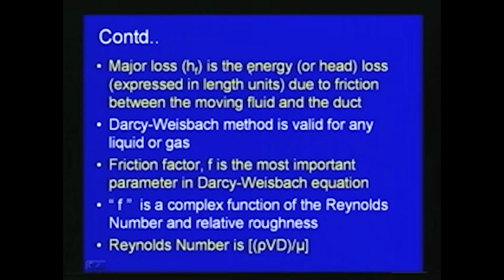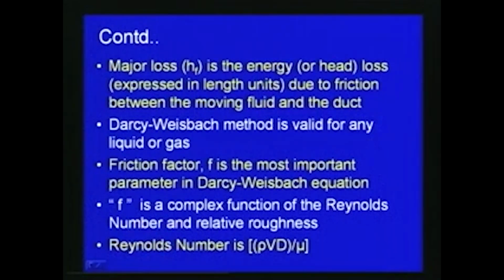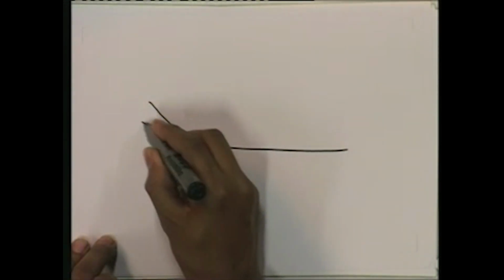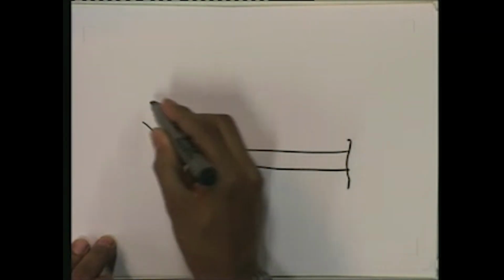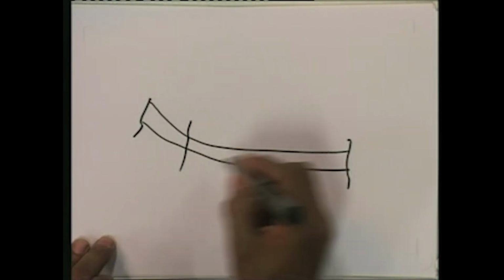Now, with respect to the Darcy-Weisbach equation, HF, the head loss, the major loss, is the energy or head loss expressed in length units due to the friction between the moving fluid and the duct. So, here we consider the pipe flow, and when we consider any kind of pipe flow like this, say between two sections.